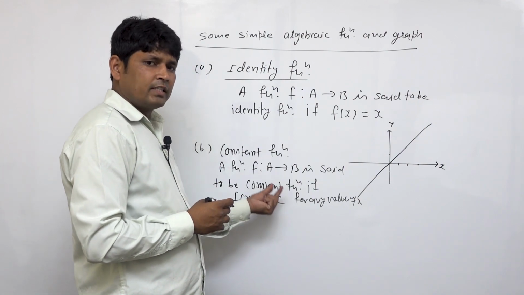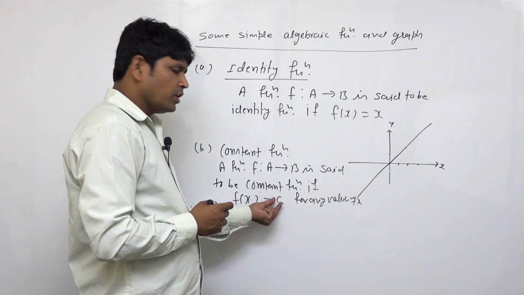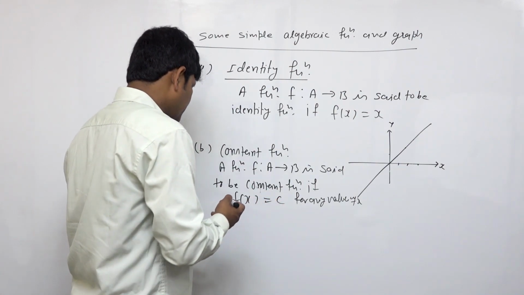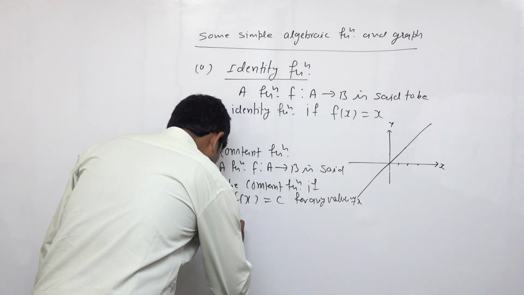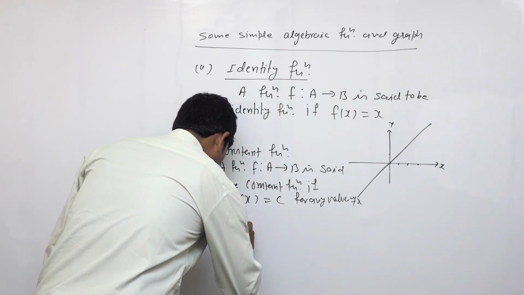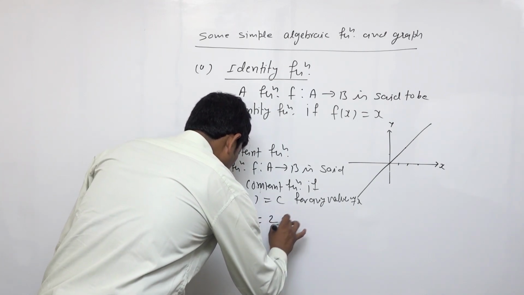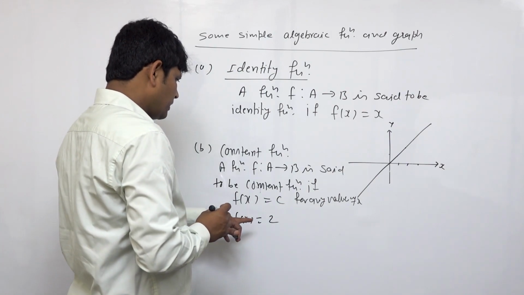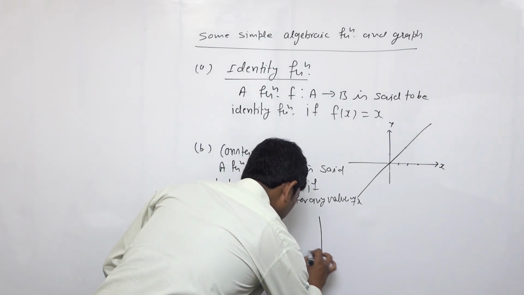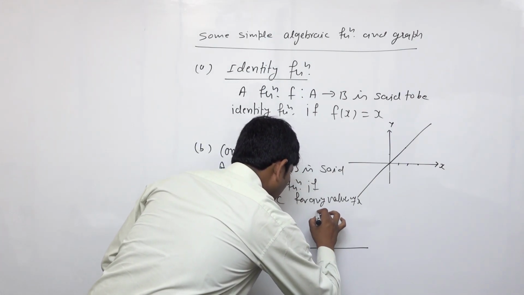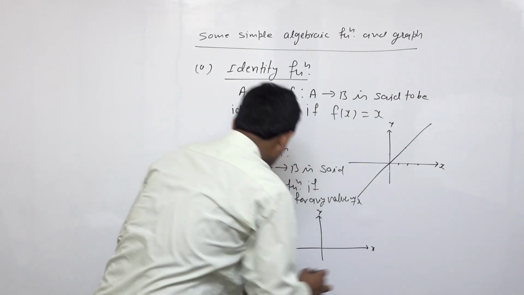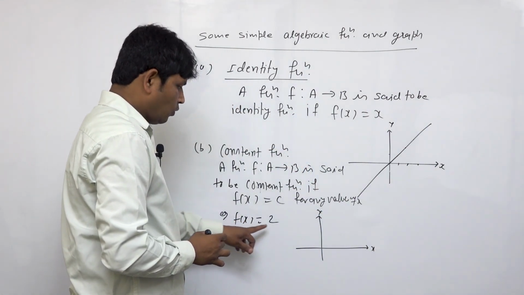In the place of c, for example, you can take 2, 3, 4. So for example, we can see here, suppose if fx is equal to 2, so it means if we have to draw this graph, then how we can draw the graph? This is y, this is x. If I will put x is equal to 1, y is 2.